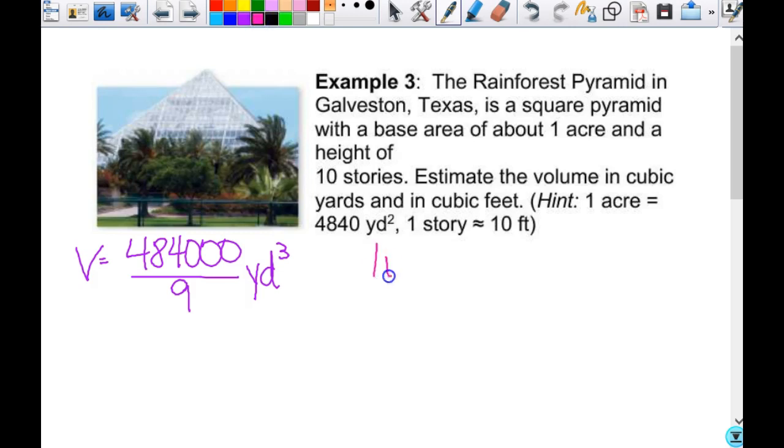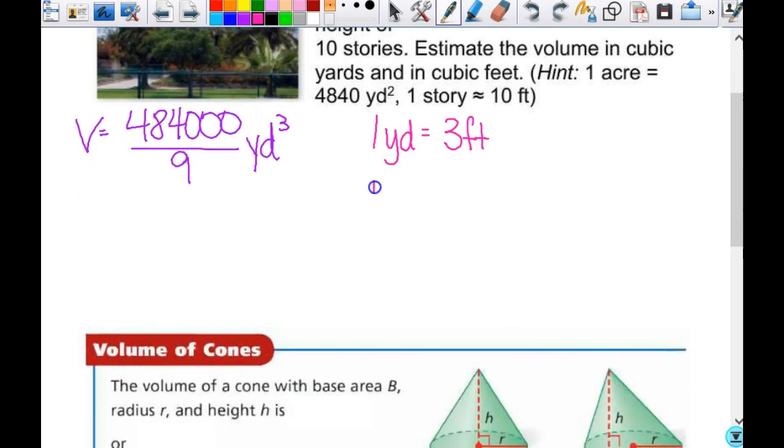If I have 1 yard, I have 3 feet, right? If I have 1 yard squared, how many square feet is that? Think about the squares here. If this square was 1 yard by 1 yard, that'd be 3 feet by 3 feet. So 1 square yard is 9 square feet, right?